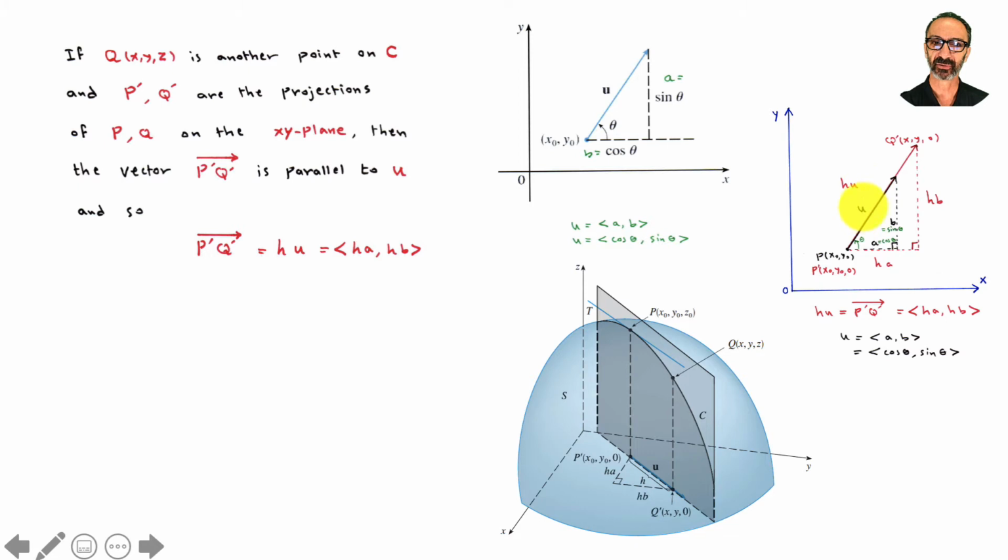So this is u, this is hu, where h is a scalar. Now the components will be ha and hb if you're using a and b. Of course, if you're using cosine and sine, that's going to be h cosine theta, and this will be h sine theta, which is all mentioned right here. Okay, so that's a directional vector.